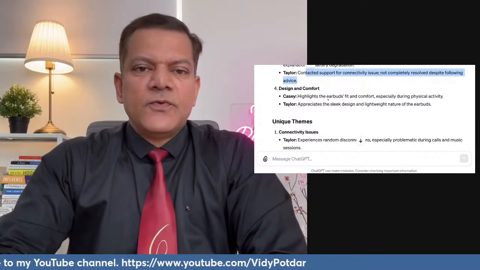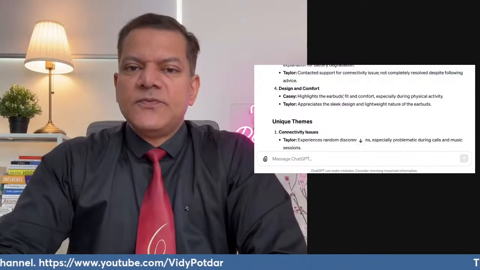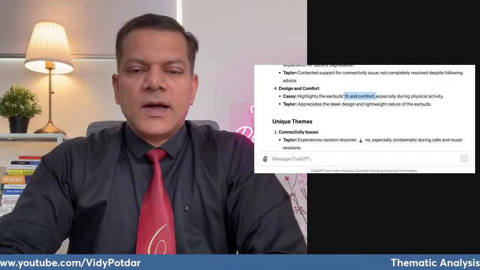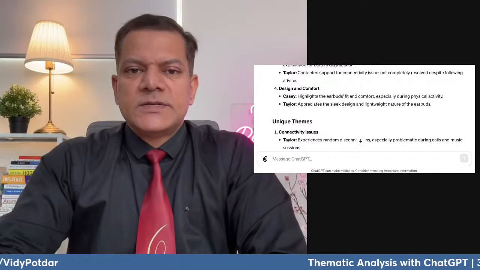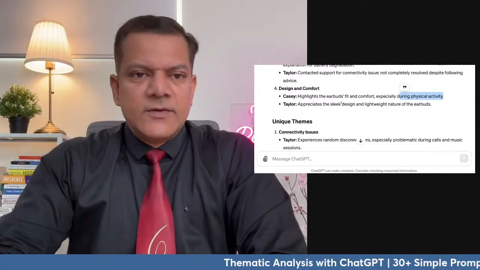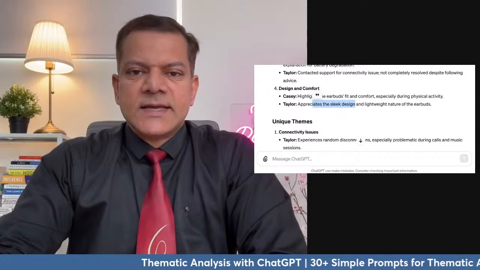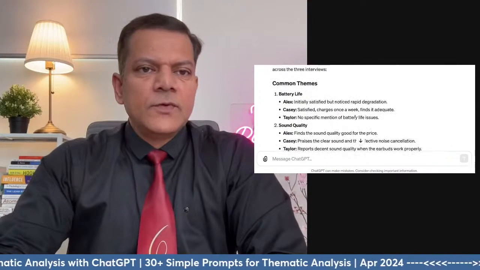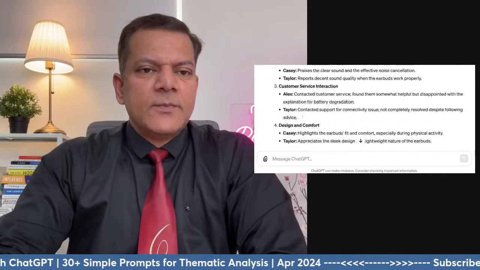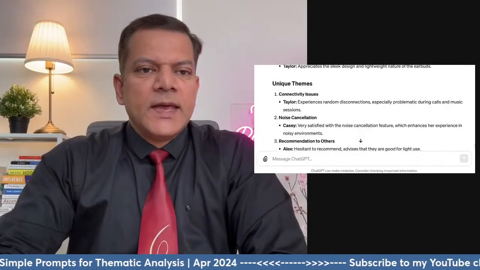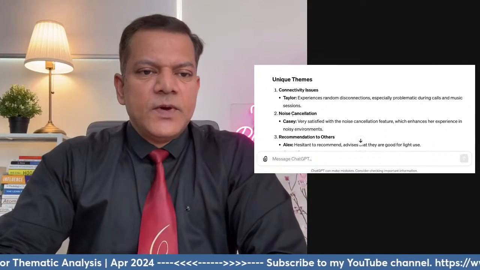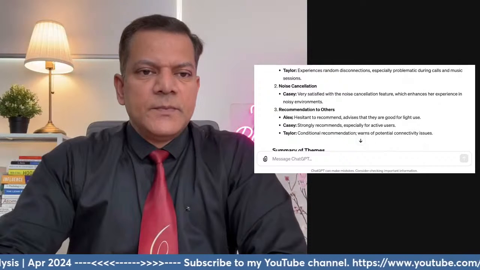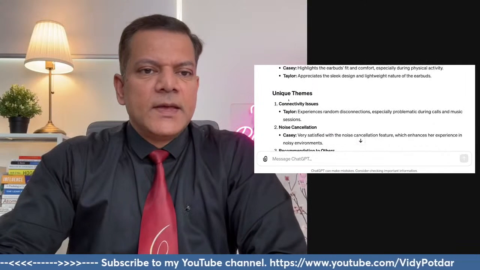So design and comfort: highlights the earbuds fit and comfort, especially during physical activity. Appreciates the sleek design and the lightweight nature of earbuds. Okay, so you can see we have got 4 common themes that have come from these 3 interviews, and then there are some unique themes that each of these people have given, like connectivity issues.